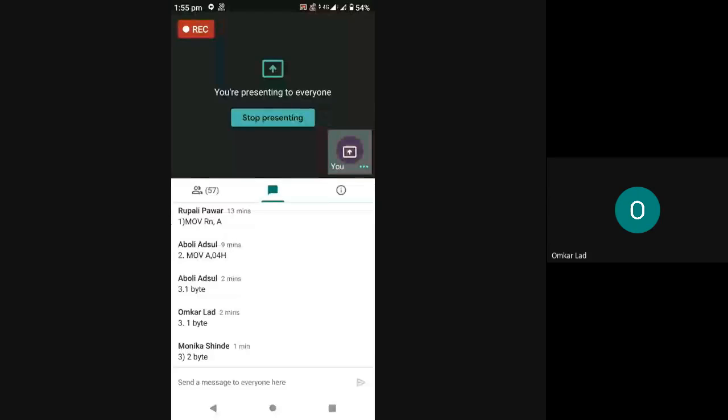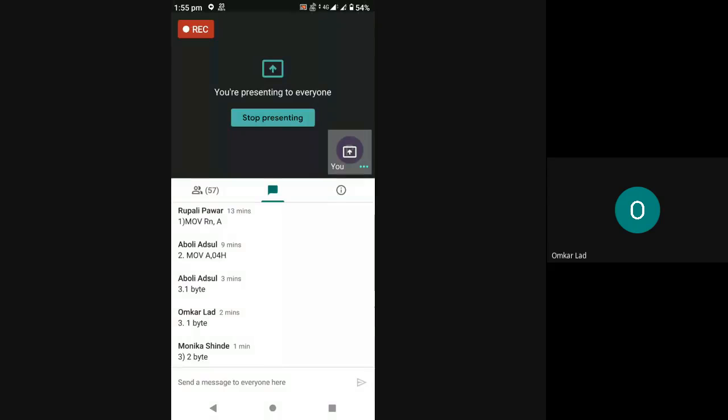Even though it is cut off, we cannot ignore its importance, that is how many bytes are required for complete operation. So the correct answer I got from Monica: for that particular instruction, 2 bytes are required.